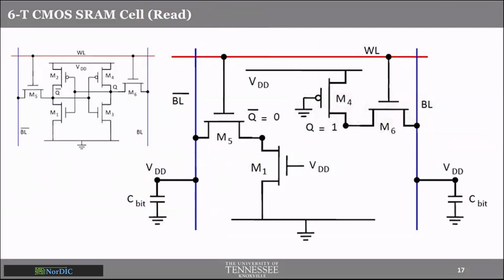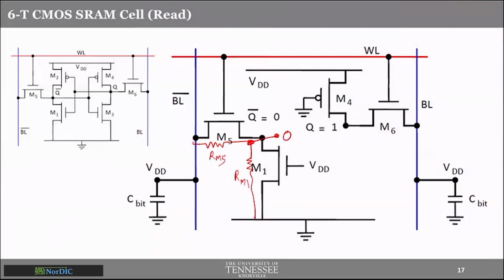You don't want that. What saves you is that, although I'm telling you that this transistor is on, so short circuit, this transistor is on, so short circuit, that's not true. Even when the transistors are on, they still have finite resistances, right? This M5 will have a resistance, RM5 say, and this M1 will have a resistance, RM1. And then you have this storage node voltage, which was initially zero, right?